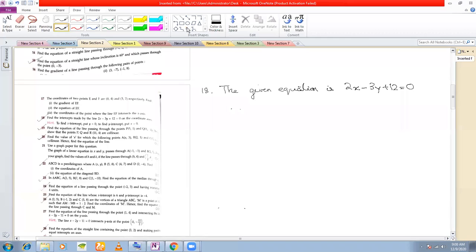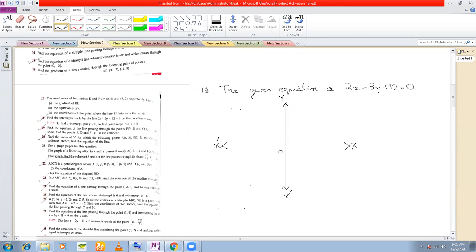What do you mean by intercepts? Once again, just to refresh your memory, intercept is the distance of the origin from the point where the straight line intersects the x and the y axis.